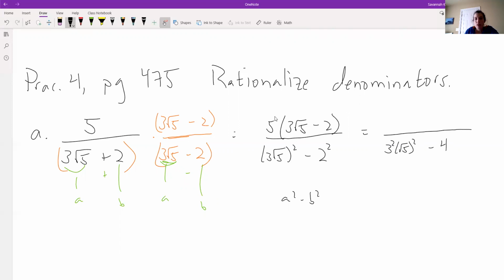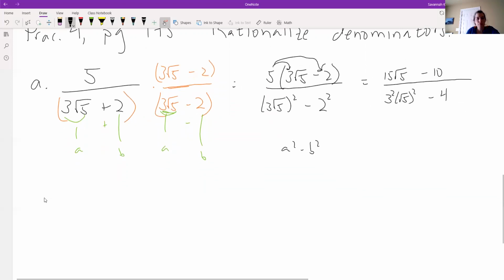At whatever point you feel comfortable, you can distribute that 5 very carefully through the parentheses at top. So 5 times 3 is 15, and 5 times 2 is 10. So we have 15 square roots of 5 minus 10.